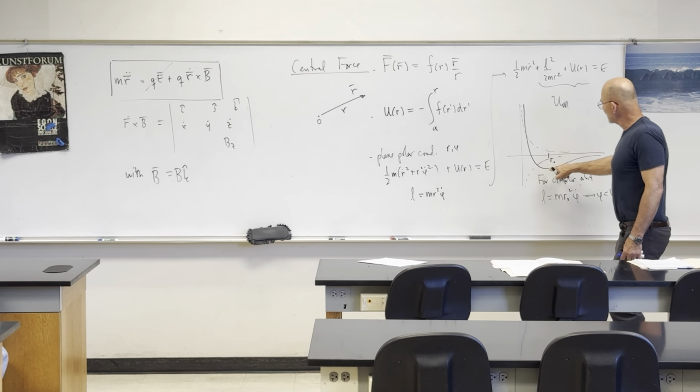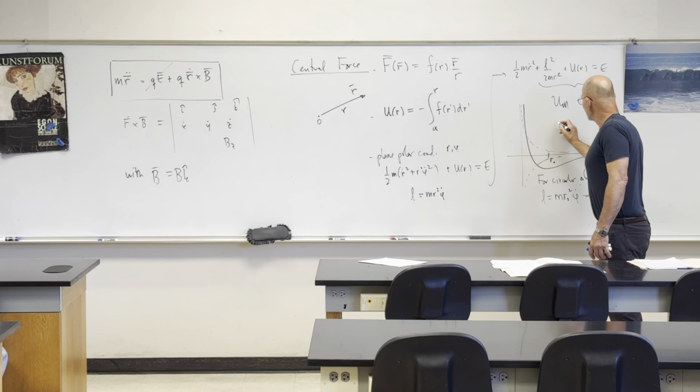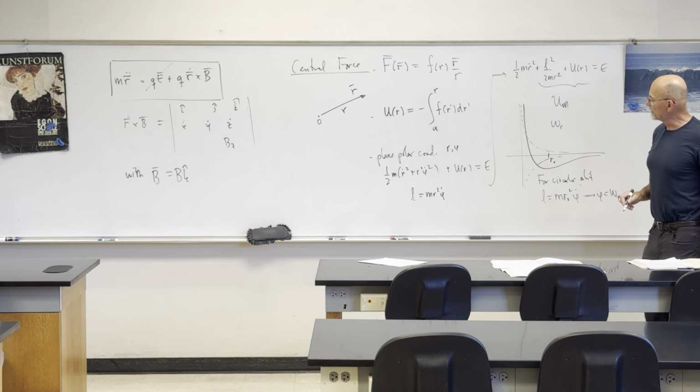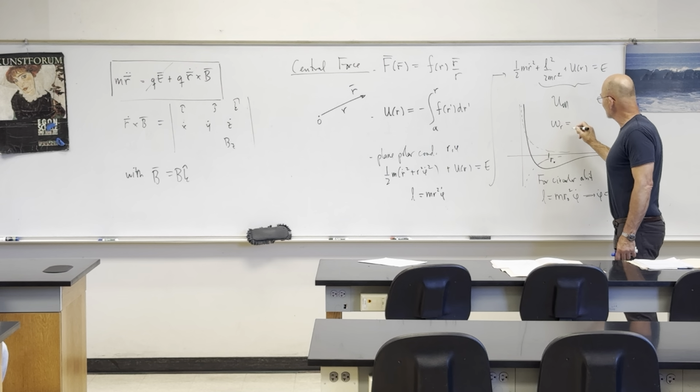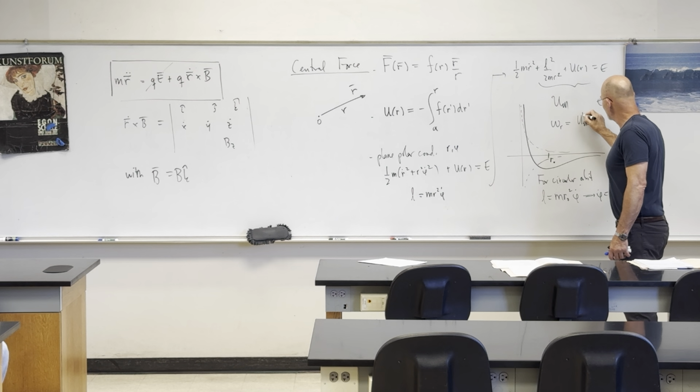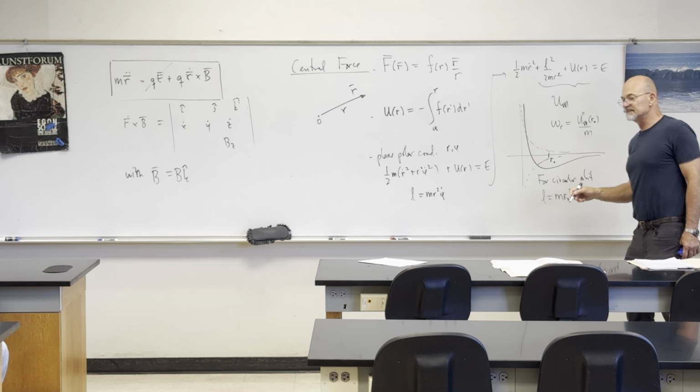And then since we're at a local minimum, we have a frequency of radial oscillations. And we just take over what we had learned before. So this omega sub R is the effective potential second derivative divided by the m.